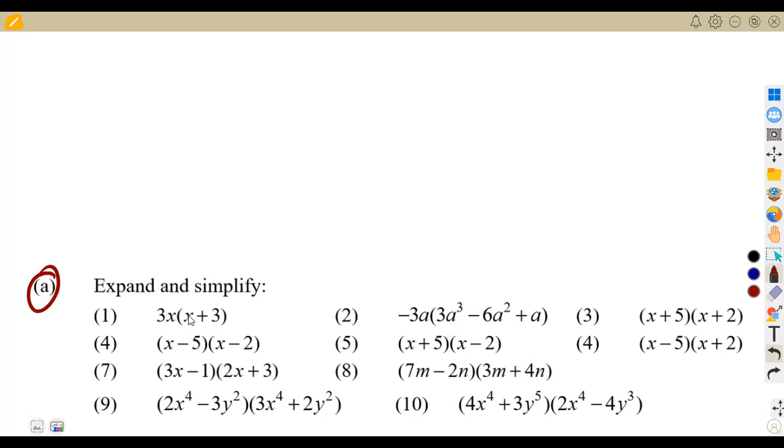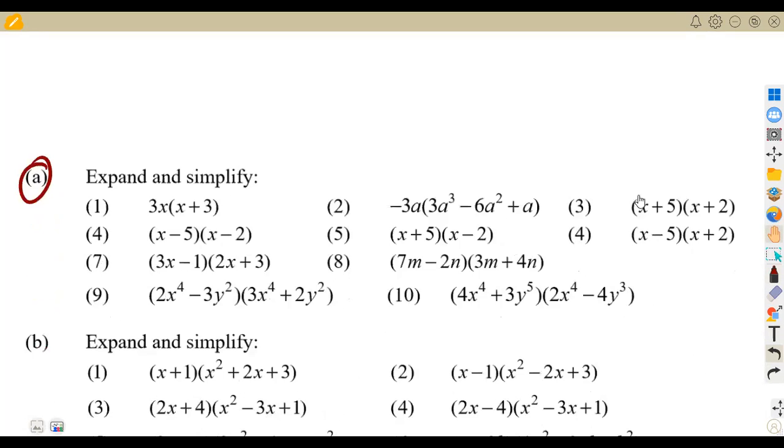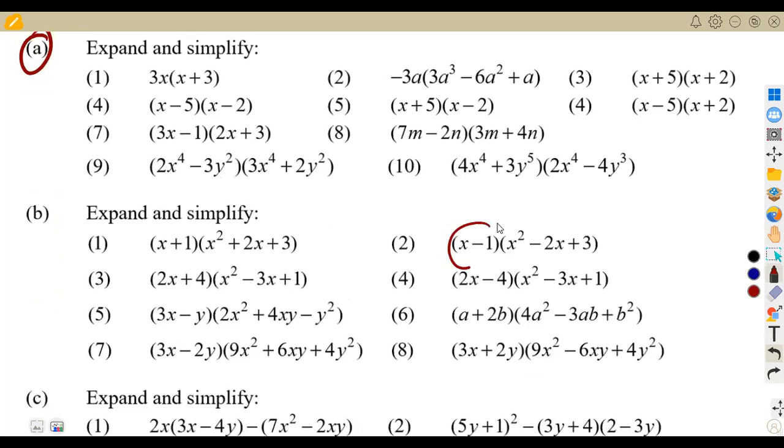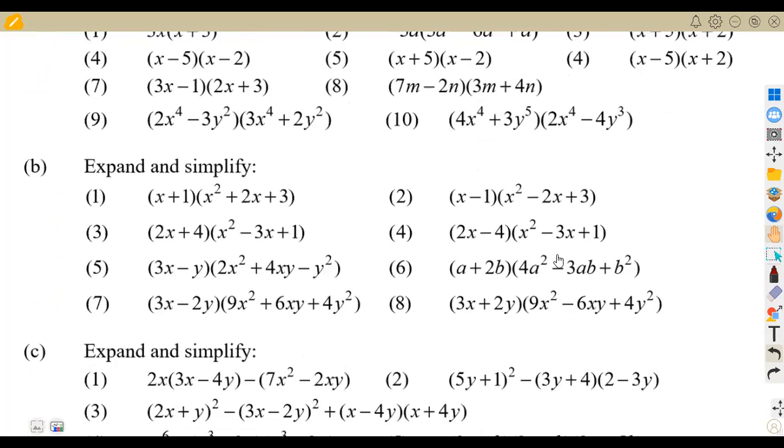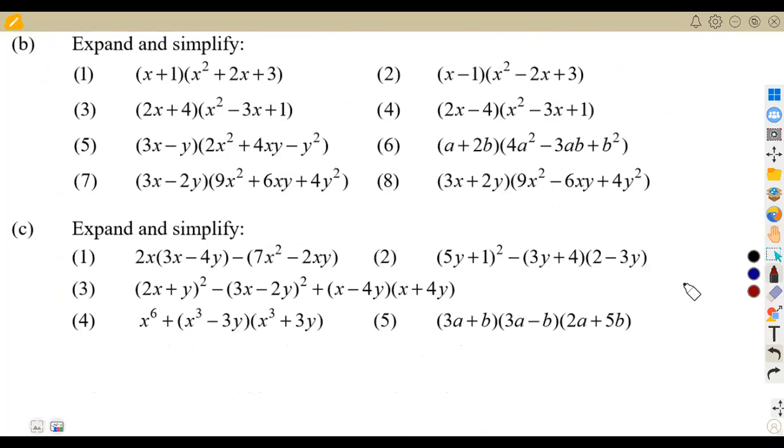We talked about this type of expression whereby you're just given a single term outside of the bracket, just like this question also, or you can have a condition where you multiply two brackets of the binomial in this case, or you can have two brackets, one being a binomial and the other one being a trinomial. We had a condition of that nature, and also the simplification of questions whereby you can expand the first bracket and subtract the second bracket.